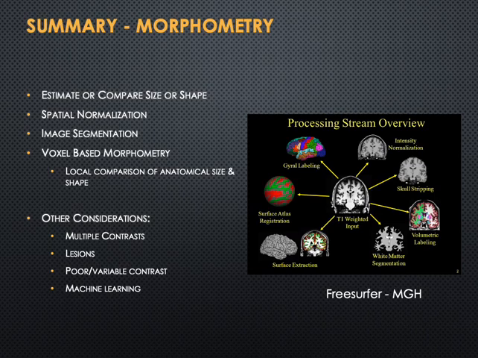Some of the other considerations are analyzing images with multiple contrasts at the same time, how to analyze lesions, both the impact in terms of directly assessing lesions, but also assessing the effect of lesions on other structures. Cases where we have poor or variable contrast or just generally poor image quality.